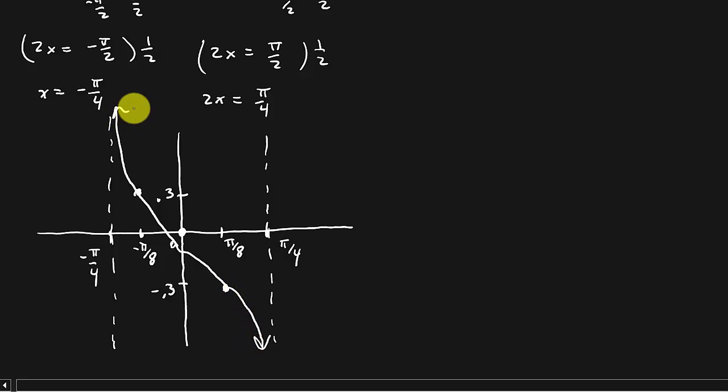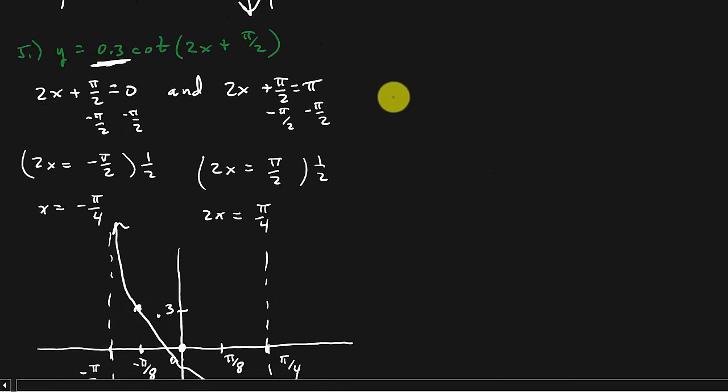Okay, now let's find the period of this thing. So the period is equal to what? Pi over b, which is pi over 2. That's the period.